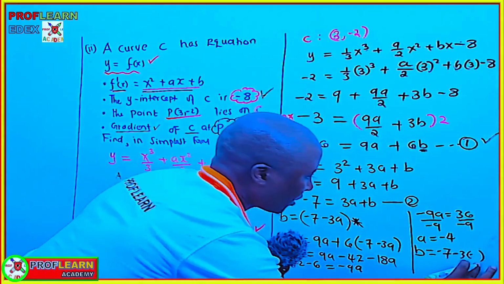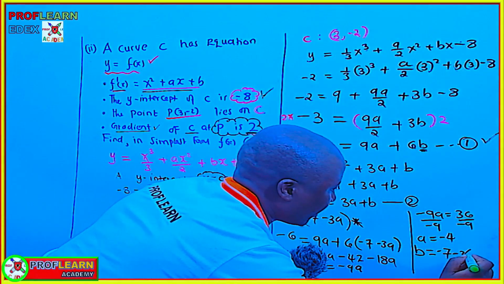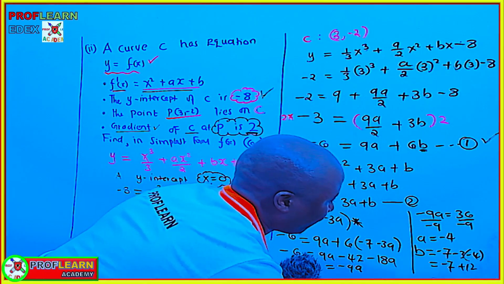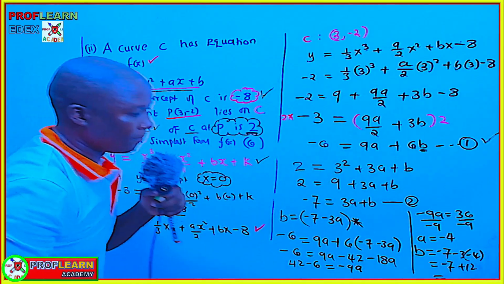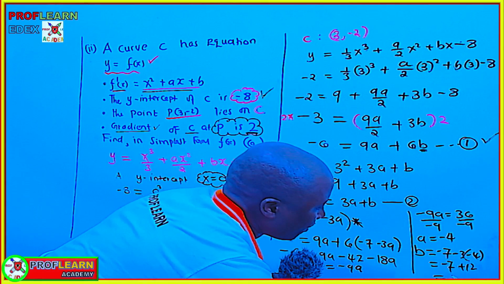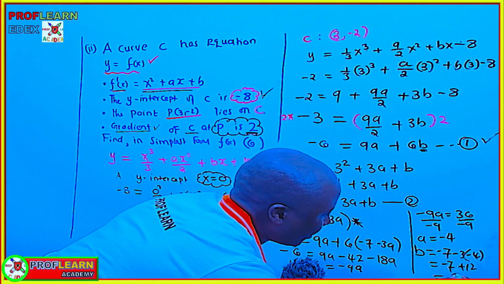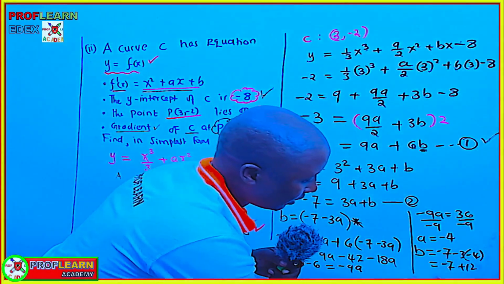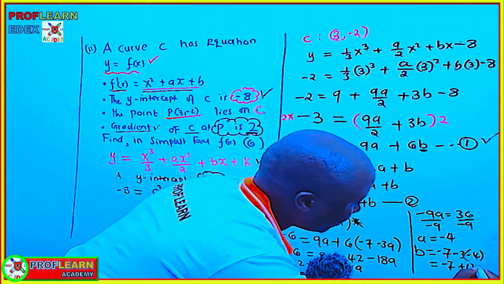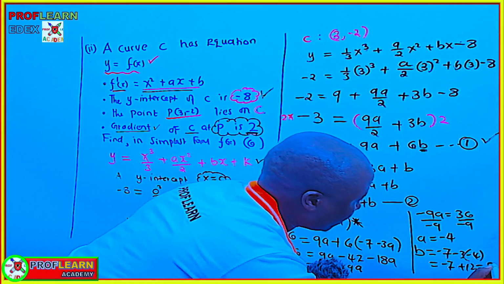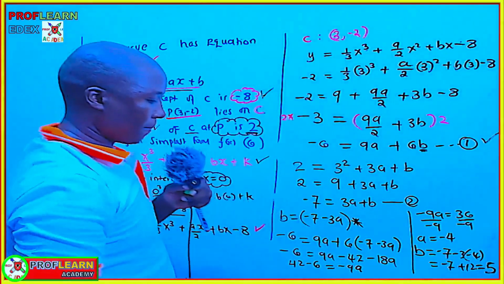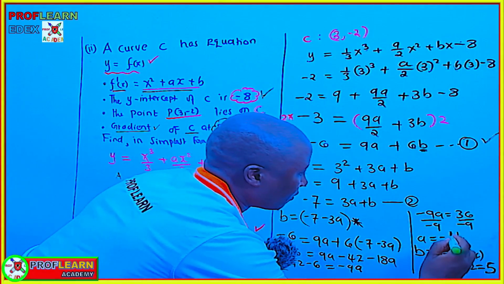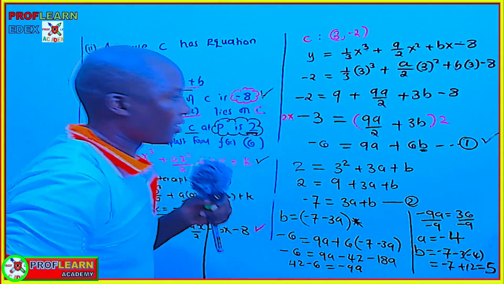Basically this will be negative 7 plus 12, and finally our answer is going to become 5. So we can see now our a is negative 4 and our b is 5.